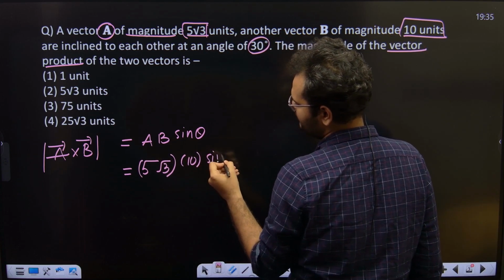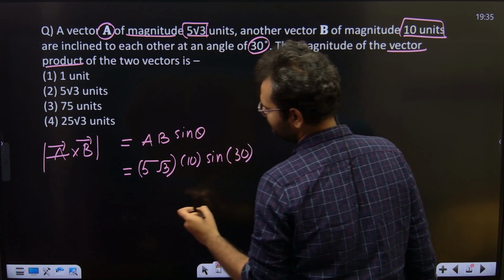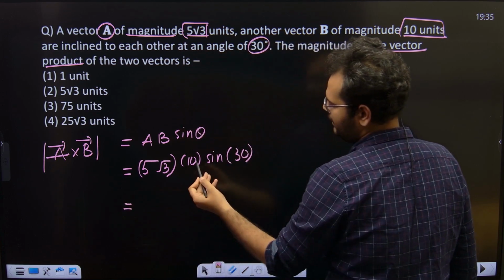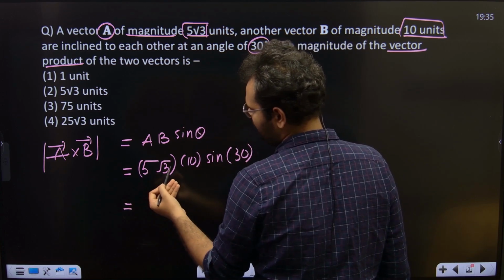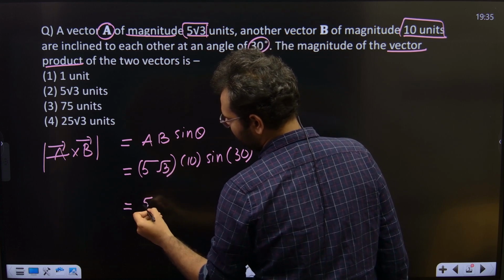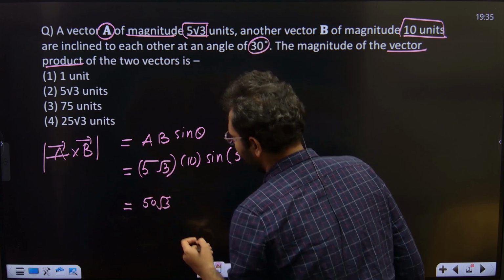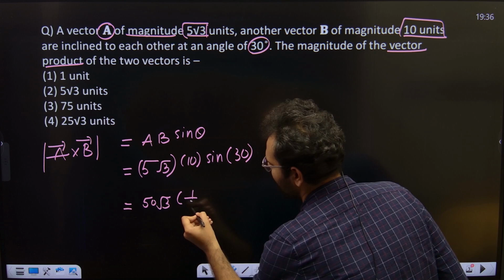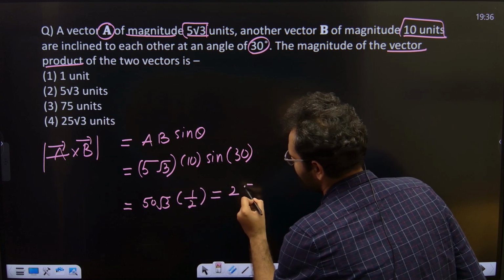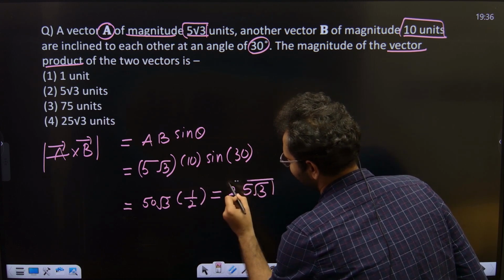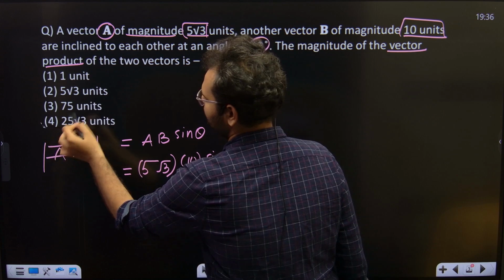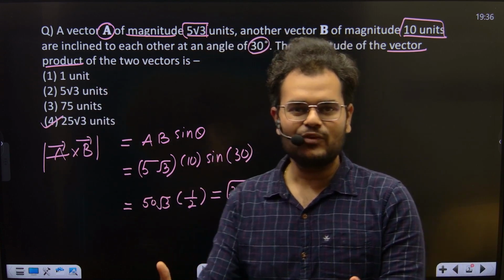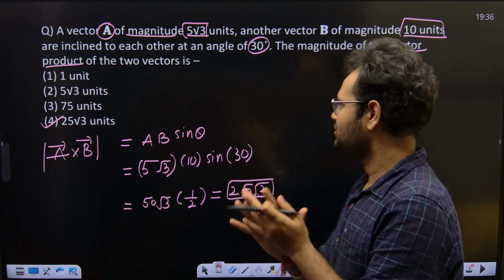Then sin 30. What is the answer? 10 into 5, 50 root 3. And sin 30 value is 1 by 2. So the answer is 25 root 3. Which is the option? B option. Direct formula-based question. First question, easy question. What is next, sir?